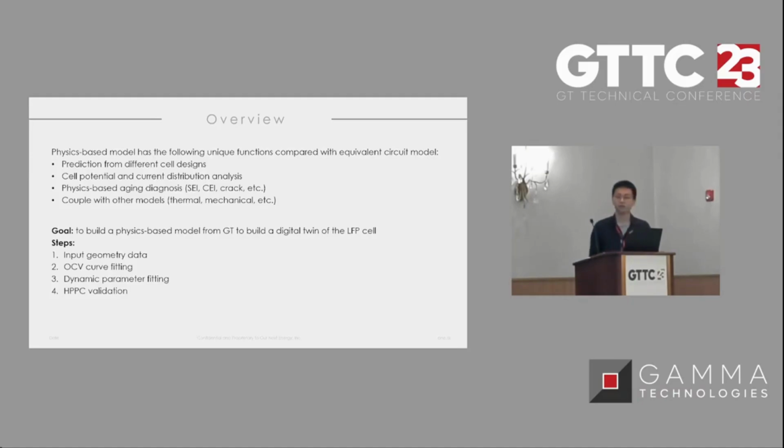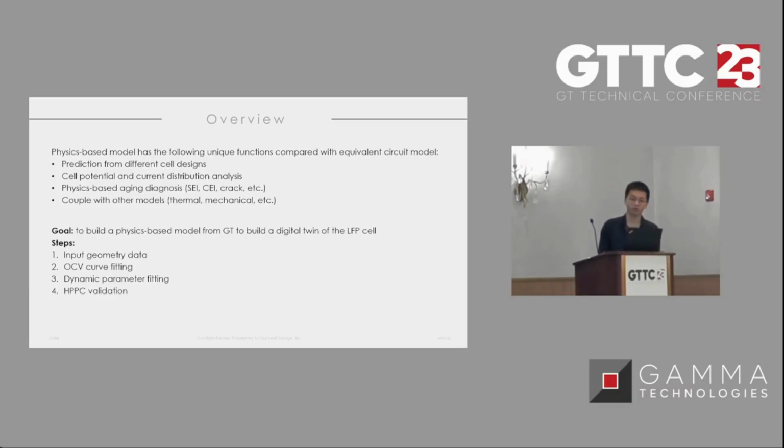For instance, predicting the different cell designs; after calibrating the model, we are able to know the cell potential and current distribution in the 3D geometry. And also, we are able to develop some physics-based aging diagnosis, for instance, SEI growth, CEI growth, and cracking of the cathode, etc. And the last one is to couple with other models, for instance, the thermal model and mechanical model.